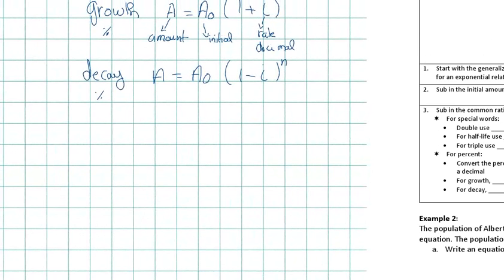Okay? So whenever the question says doubling, this is one of the special cases. A is your amount, equal to A0, which is your initial value. Instead of 1 plus, you're going to use the doubling rate. Now, here is the difference.